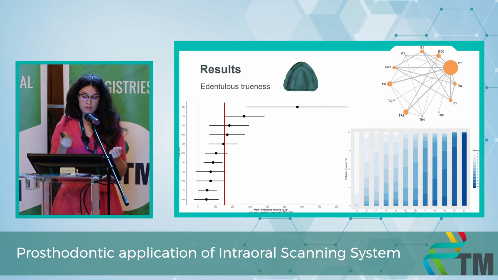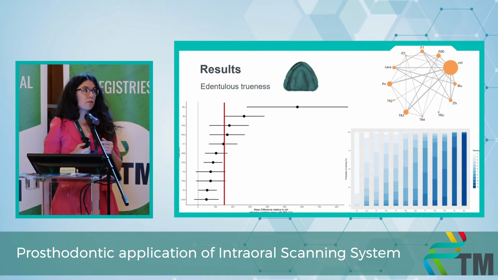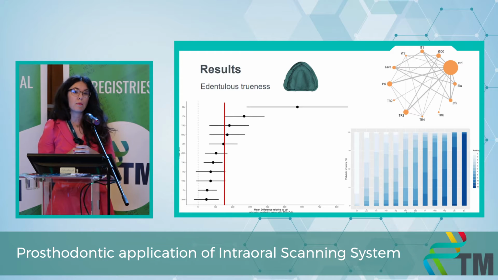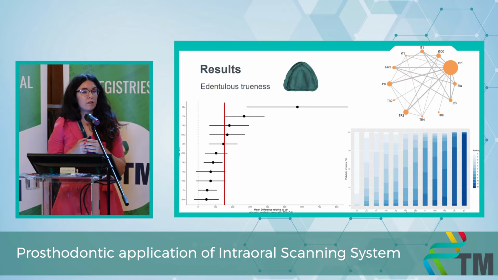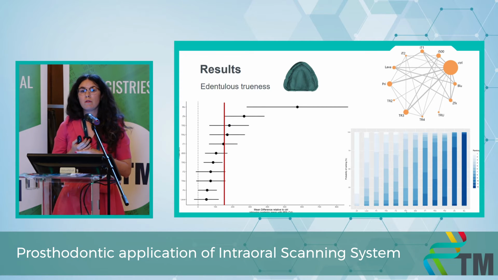In the second subgroup, the edentulous arch, you can see in the corner the network plot, which is giving us information about the direct and the indirect evidence, and the direct and indirect comparison of the different devices. And also in the right corner, the ranking probability table, which gives us the probability if the scanner is first or last in this subgroup.